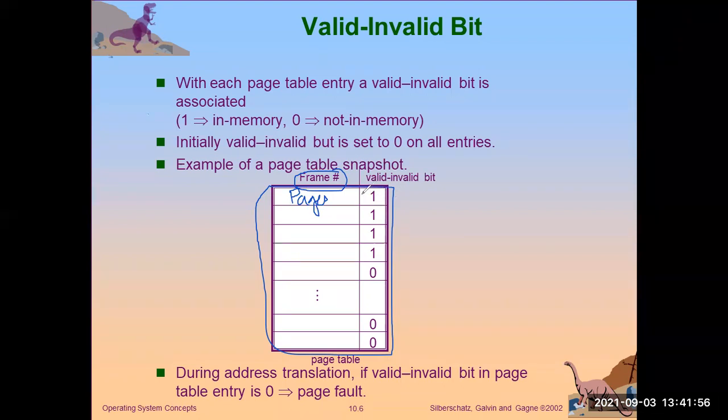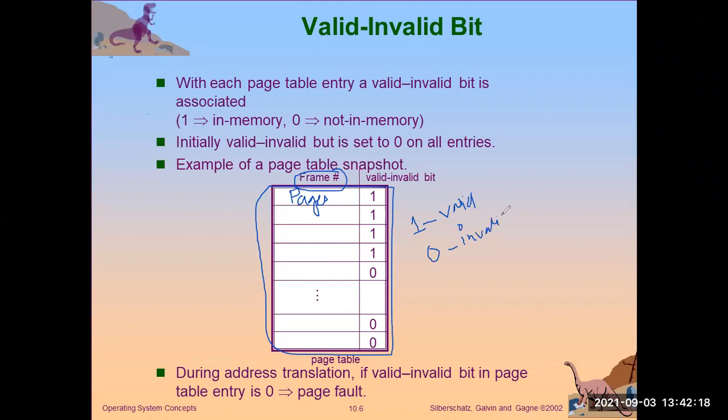You can see the bits here are 0 and 1. If it is 1, that means it is a valid bit. And if the bit is 0, that means it is an invalid bit.